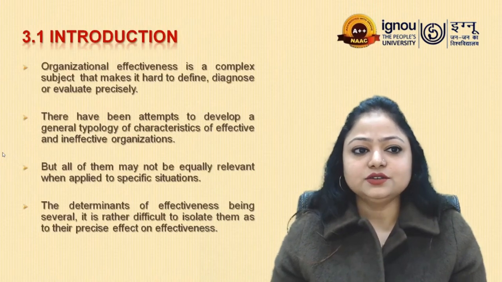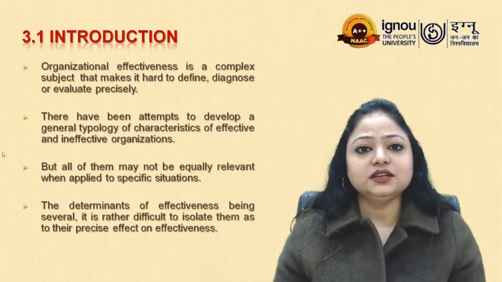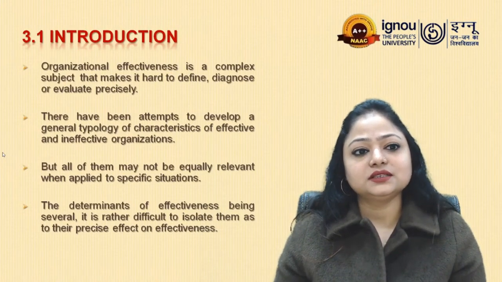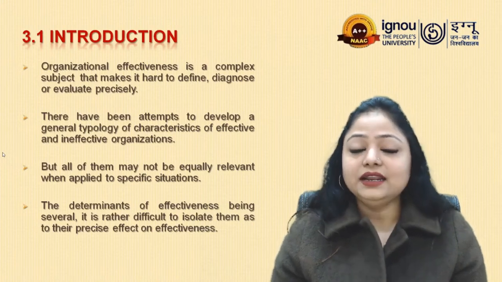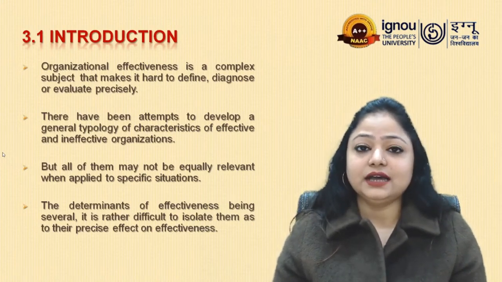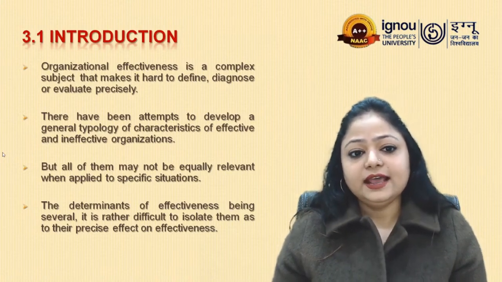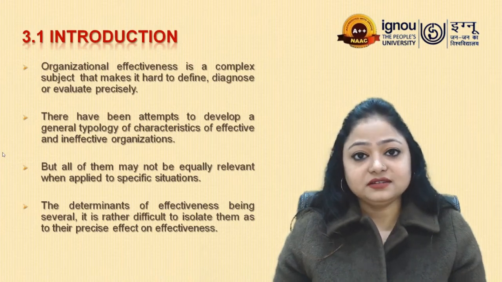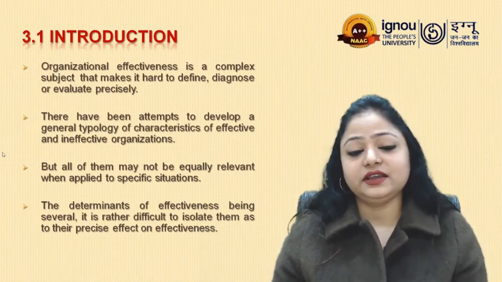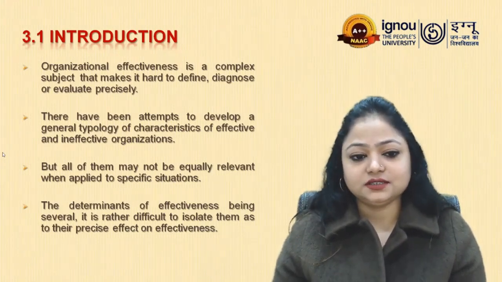So starting with the introduction, organizational effectiveness is a very complex subject, and it is hard to define and diagnose or evaluate precisely. There have been many attempts to develop a general typology of characteristics of effective and ineffective organizations, which has been a difficult task for the researchers.